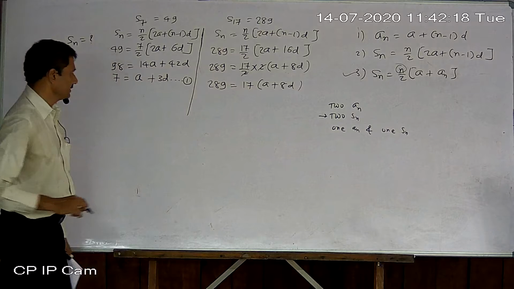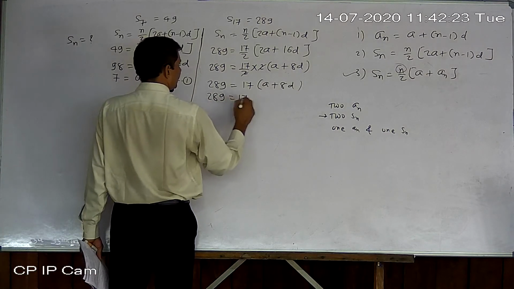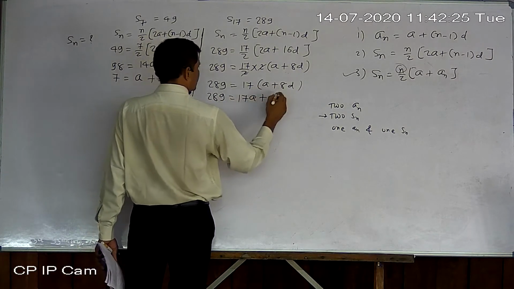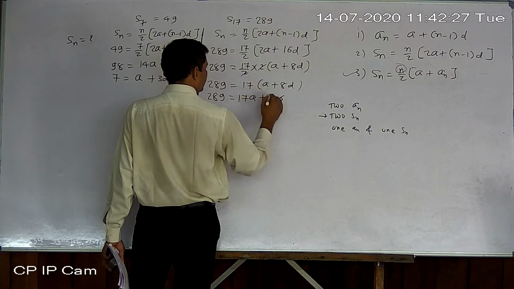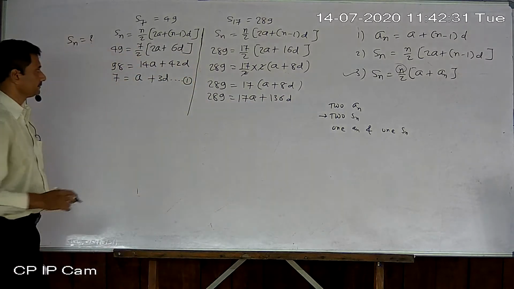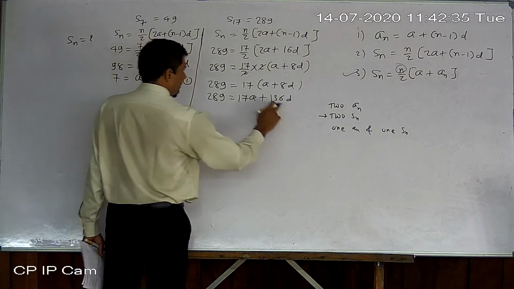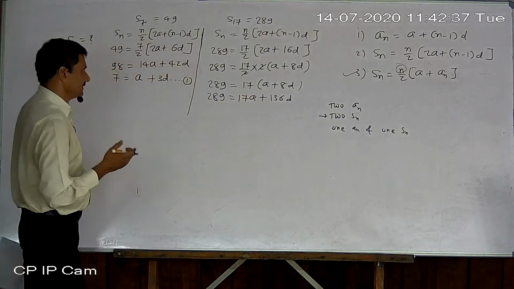Now just open it. 289 equal to 17a plus 17 8s are 136d. Okay. Now look here, whether it is divisible by 17, yes.